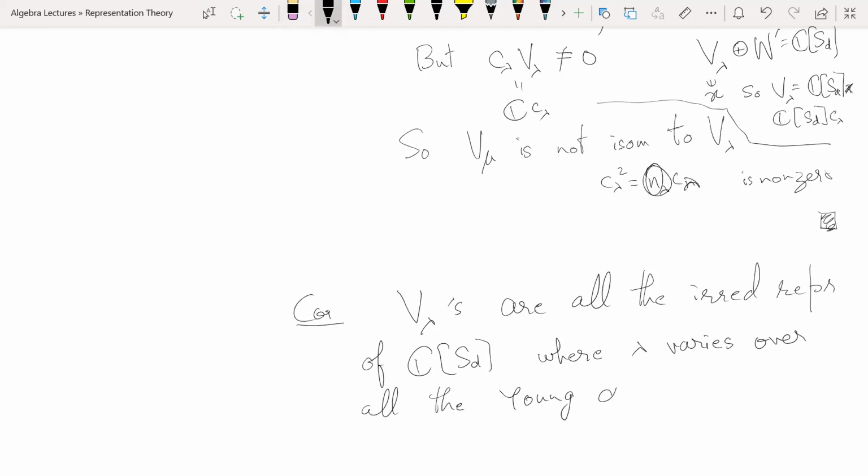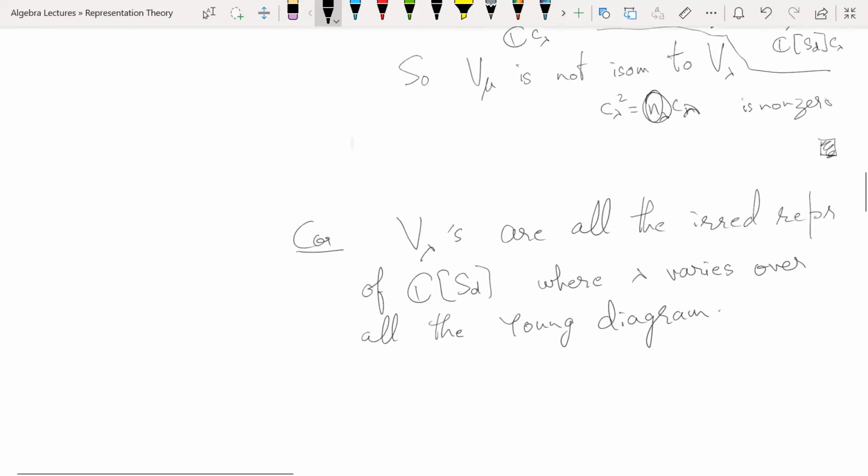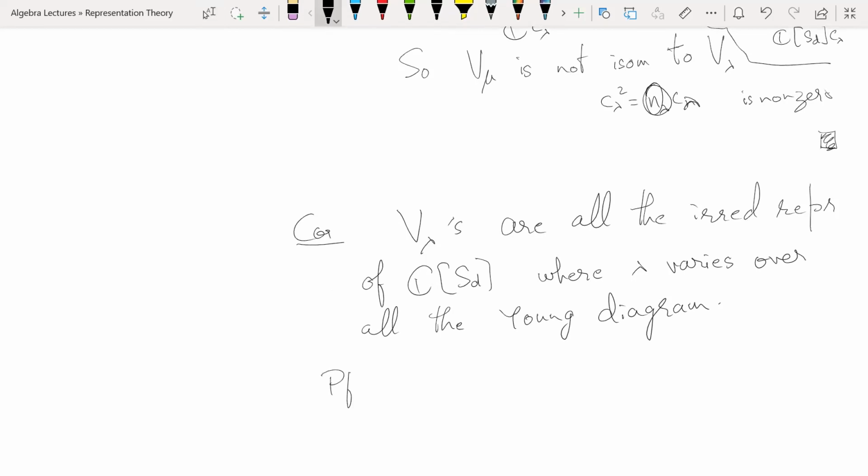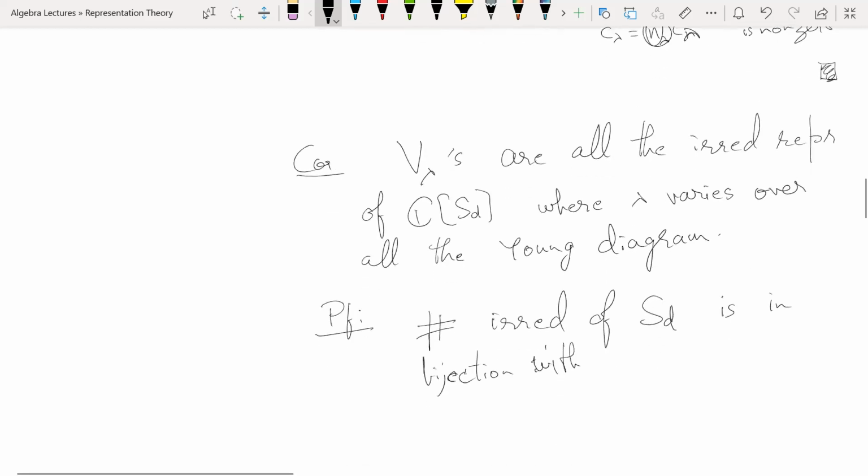Okay, so of course, the number of distinct non-isomorphic irreducible representations of S_T is in bijection with conjugacy classes of S_T, which of course is in bijection with Young diagrams.